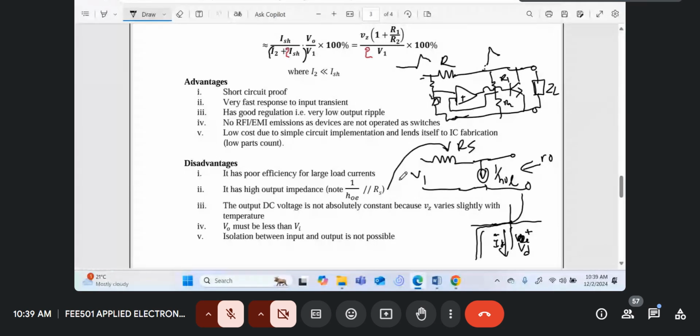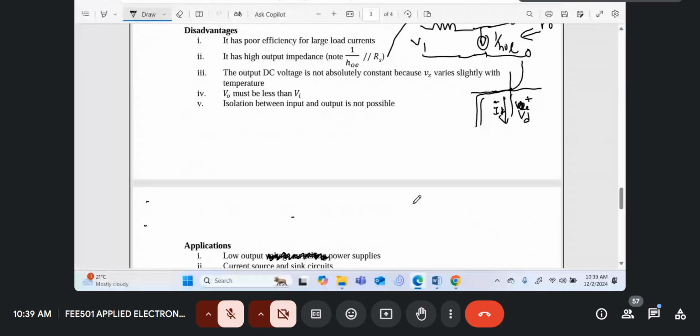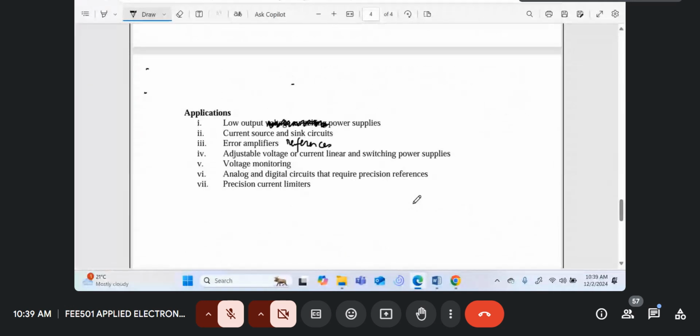So let me conclude by saying we've done a lot of work on this circuit, but because of its poor efficiency, it is rarely used. But we have some applications.